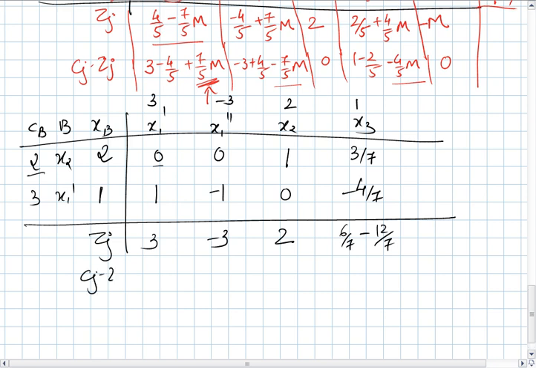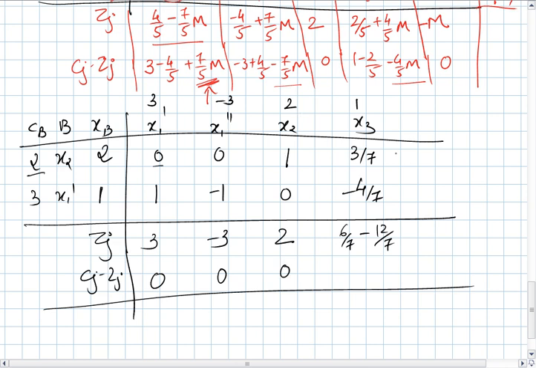And Cj minus Zj are 3 minus 3, which is 0, minus 3 minus minus 3 is 0, 2 minus 2 is 0, and 6 by 7 minus 12 by 7 is minus 6 by 7.